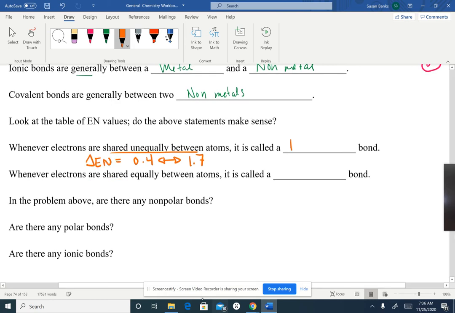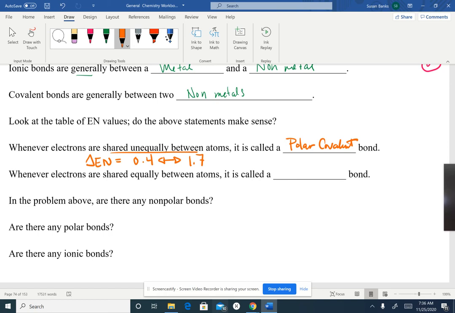This is called a polar covalent bond. Polar meaning that we are sharing those electrons unevenly, so we get a partial negative on the more electronegative atom, and we get a partial positive on the less electronegative atom.